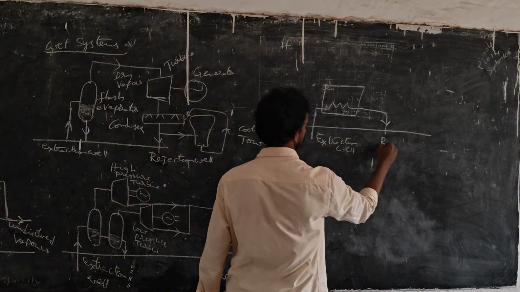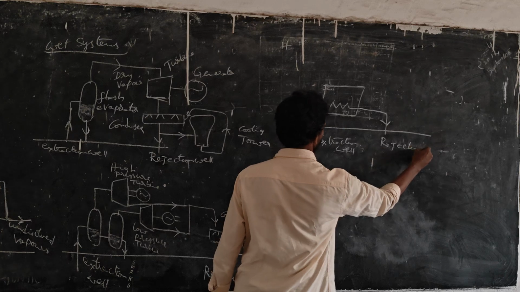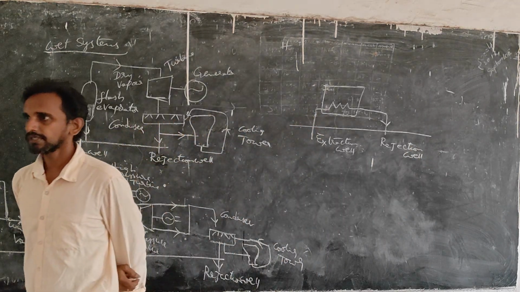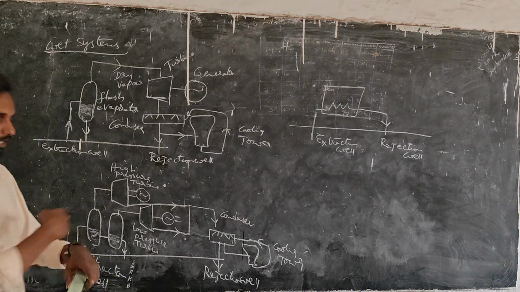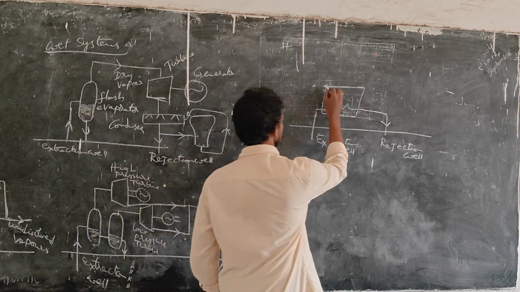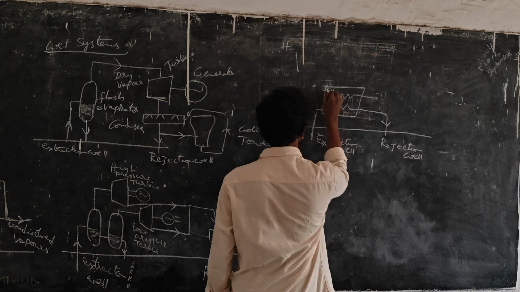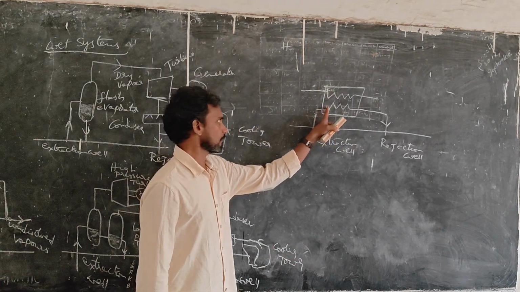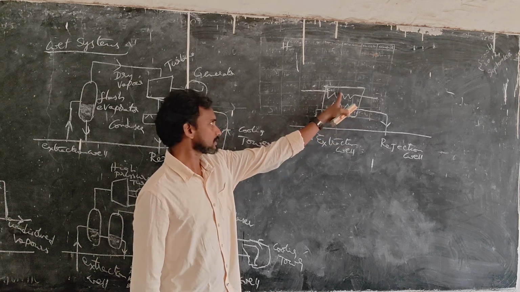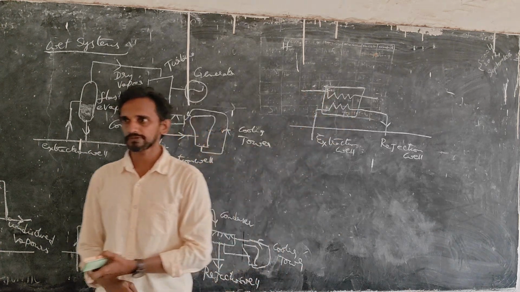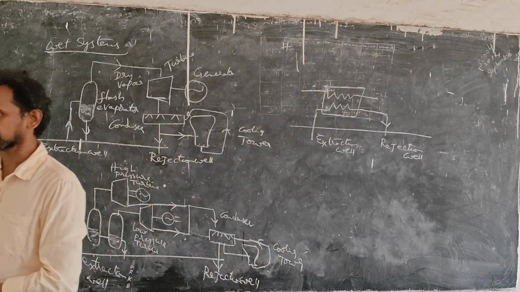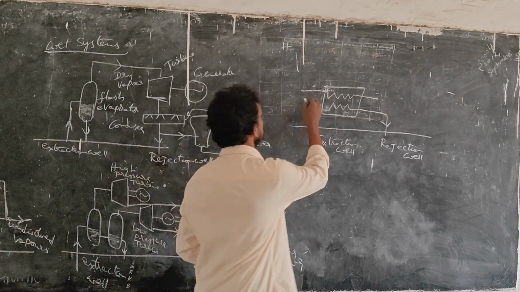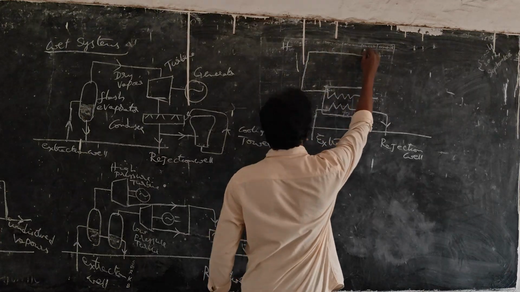In a heat exchanger, there will be pipelines surrounding each other. So whatever heat from one pipeline will be transmitted to the other pipeline. So there will not be any direct contact between the fluids. So this will be used to run the turbine.